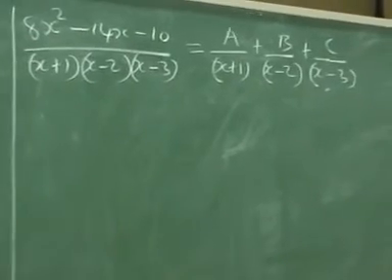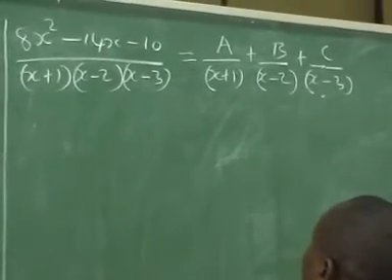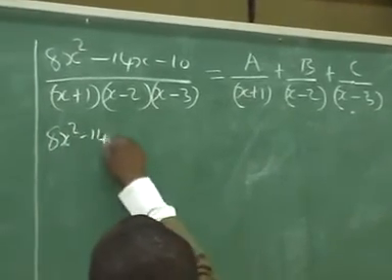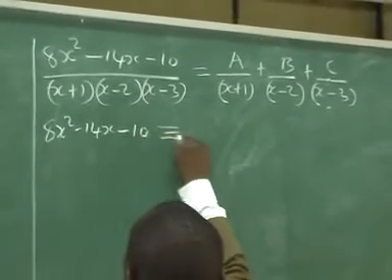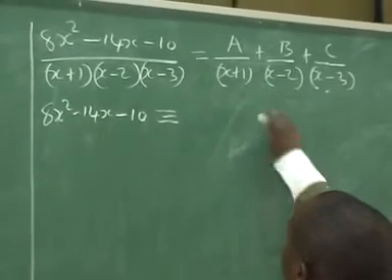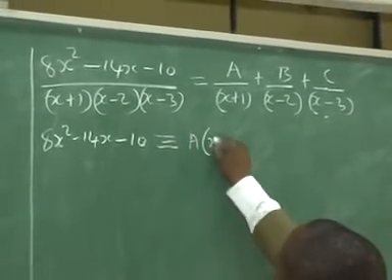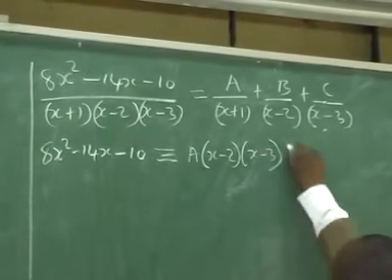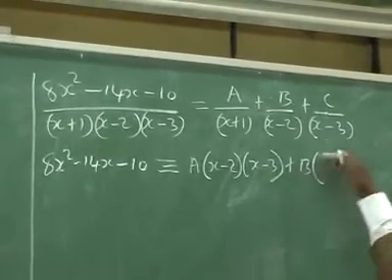And if it is so, it means 8x squared minus 14x minus 10 will be equivalent to A times the bracket x minus 2, x minus 3, plus B. I'm taking the LCM.